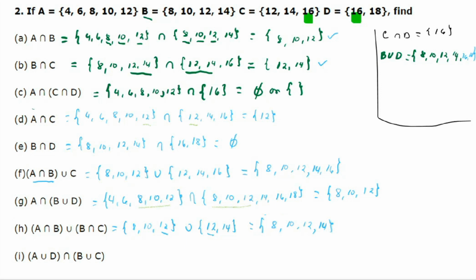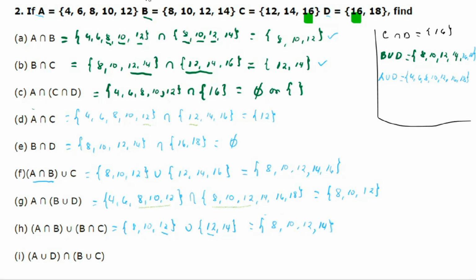And for this, we have A union D. Do we have A union D from a while ago? I guess we don't, so I will write it here. A union D means combining A and D. We have 4, 6, 8, 10, 12, and that's A. Then D, we have 16, 18.